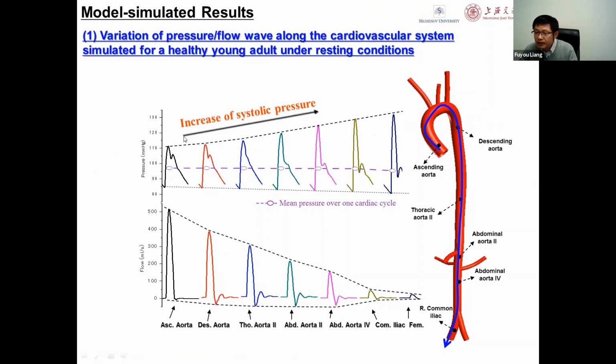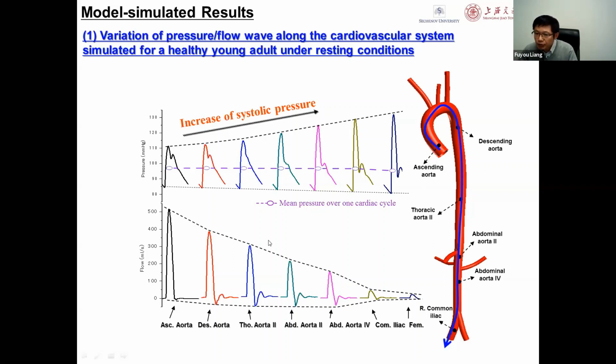You can see that the systolic pressure, which is the peak pressure of the pressure wave actually, increases along the aorta. This phenomenon actually is physiologically beneficial because the relatively low systolic pressure at the aortic inlet will reduce the stress of the myocardium.